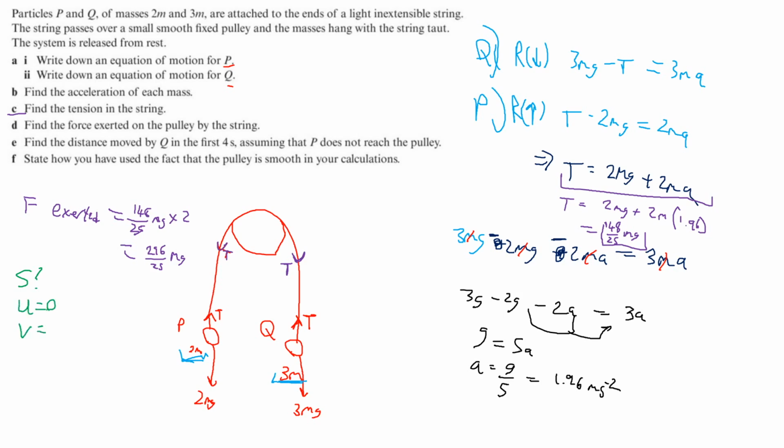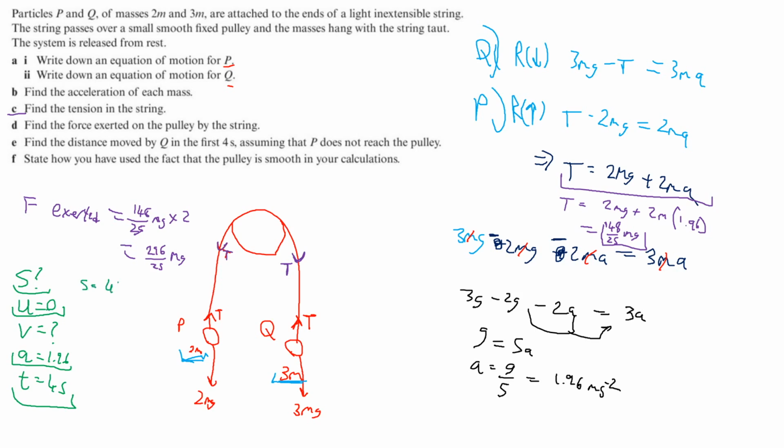We don't know what v is. We know the acceleration is 1.96, and we know that t is 4 seconds. So which SUVAT equation are we going to use? s equals ut plus a half at squared.